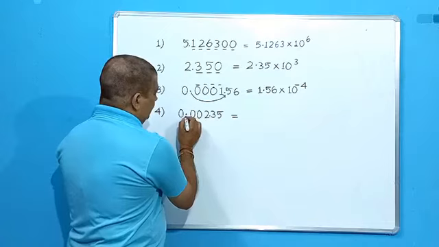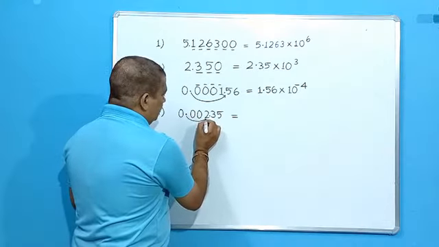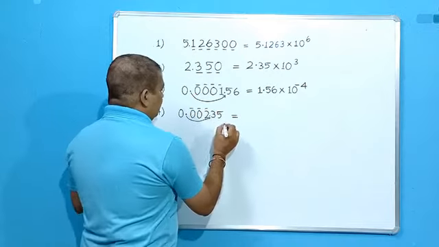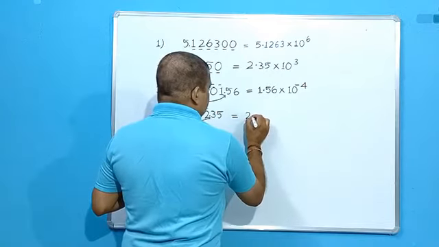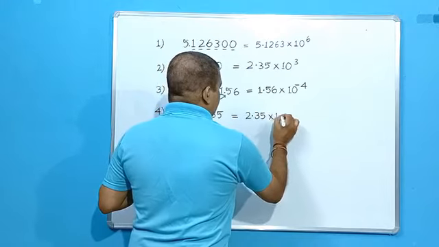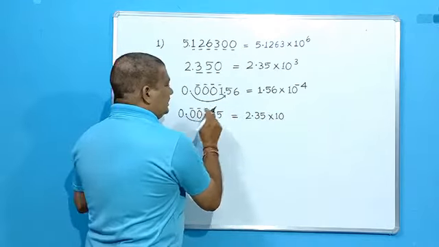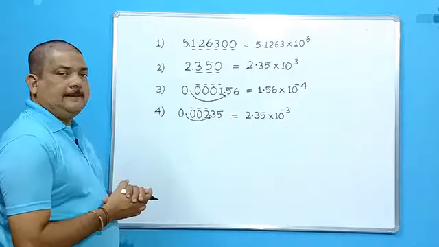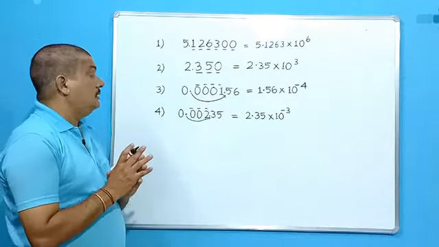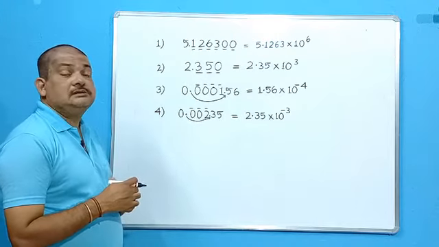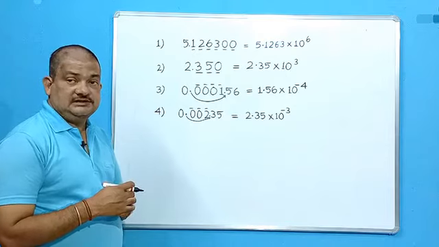So the decimal point has to be moved from here to here. So how many places are we moving? 1, 2, 3. So it will be 2.35 into 10 to the power minus 3. Okay.